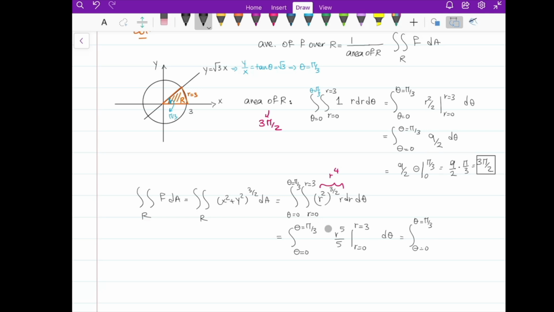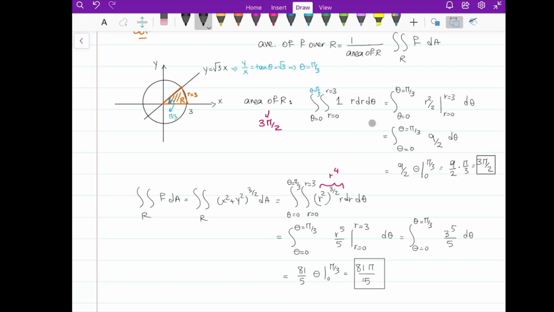Plug in 3 in here, so it would be 3 to the power of 5 over 5 minus 0, and then d theta, so it would be 81 over 5 times theta from 0 to pi over 3. Yeah, so this is the answer for this double integral in here.